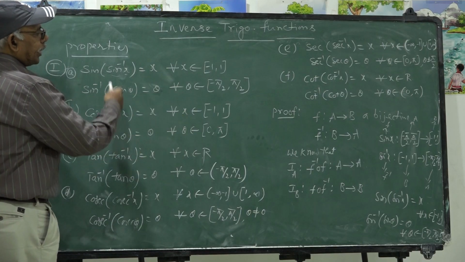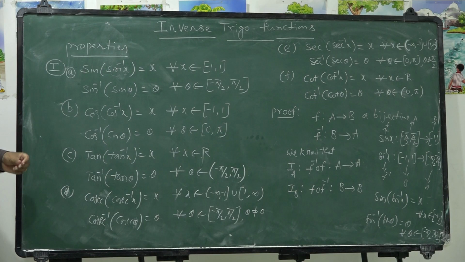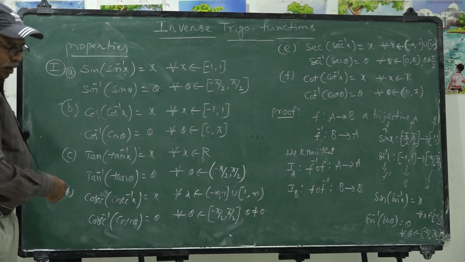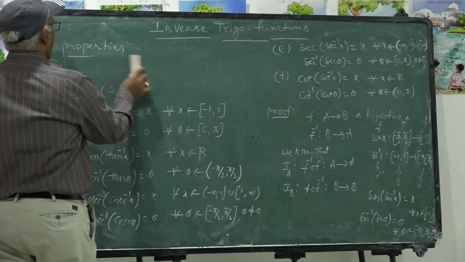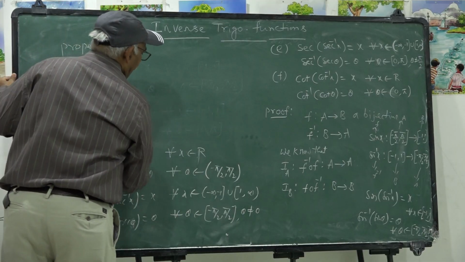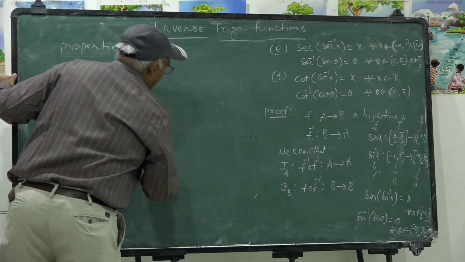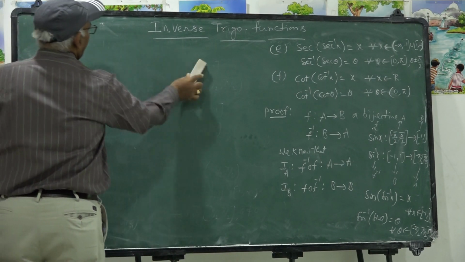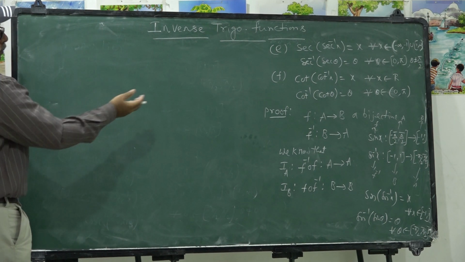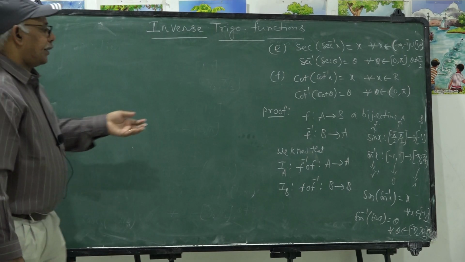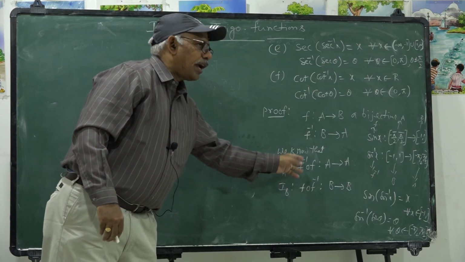Like that, you can develop all the remaining properties. So the first property is nothing but the immediate consequence of this result, f circle f inverse or f inverse circle f.